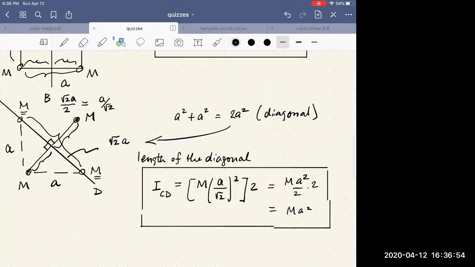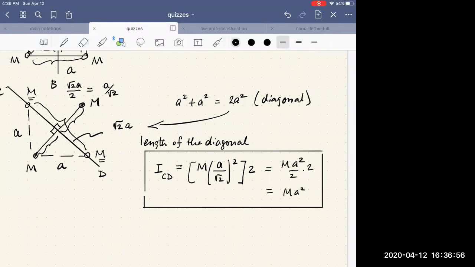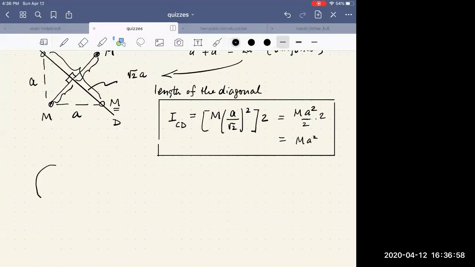We'll also obviously be dealing with moment of inertia of items such as spheres, but we will not indulge in calculation of the moment of inertia of a sphere about an axis.